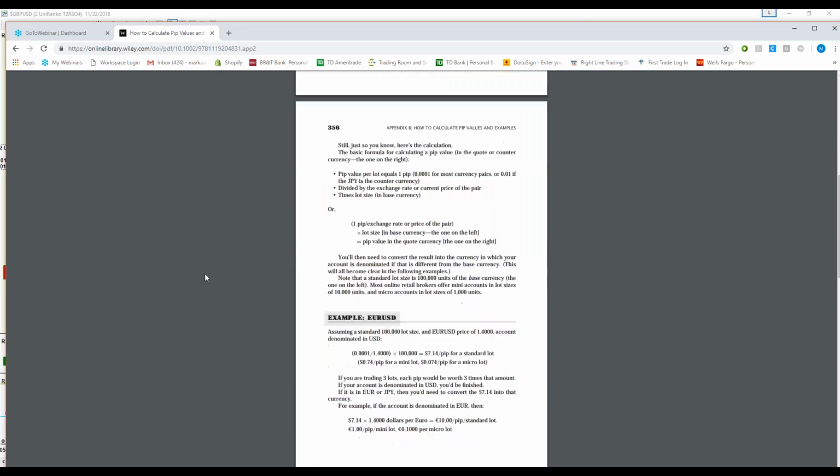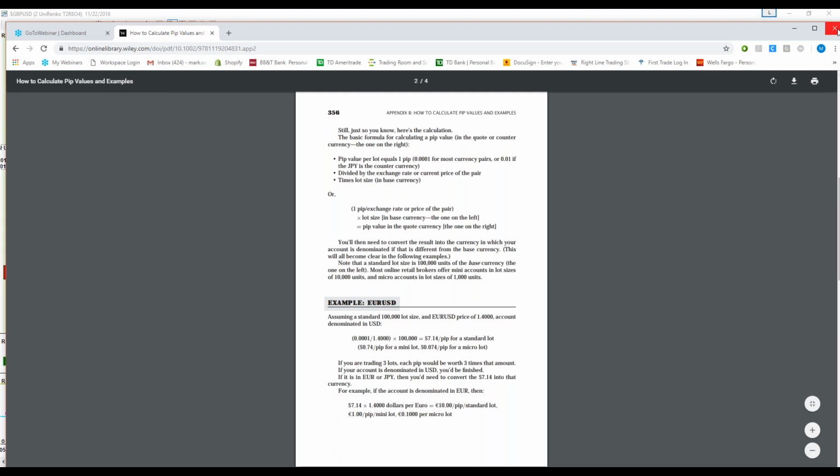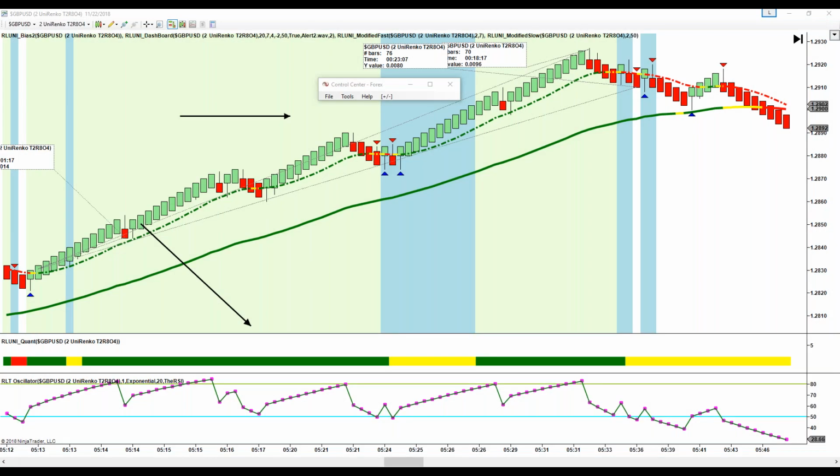It's a complex calculation, but here the Euro USD is 17.14 per pip. So it's going to vary, but it's a substantial amount.